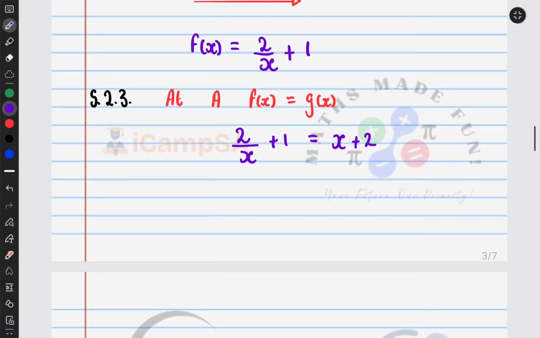Then let's solve for x. Let's take 1 to the other side.